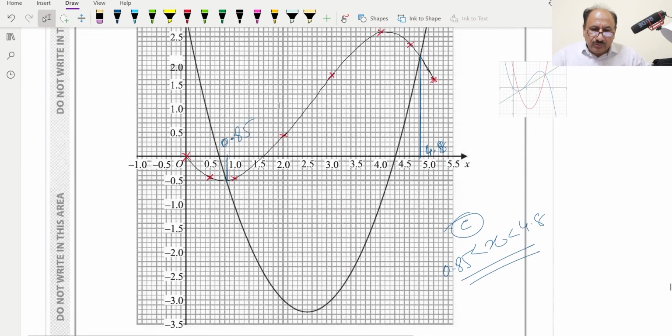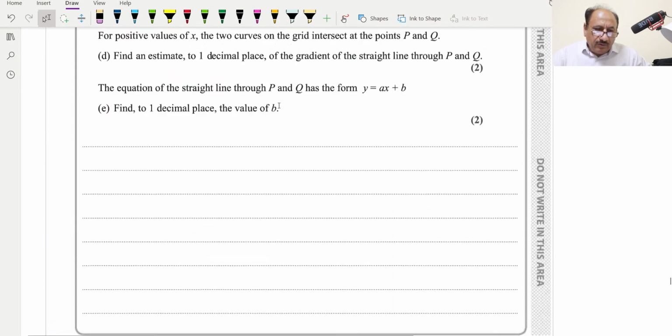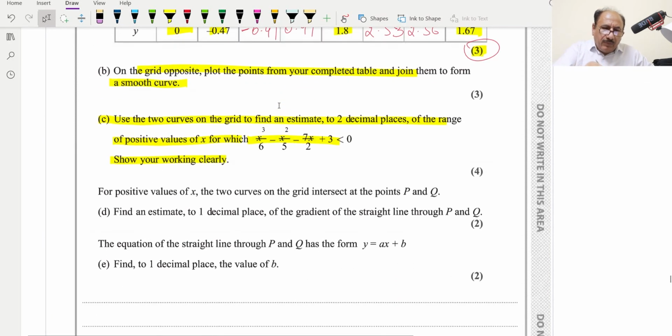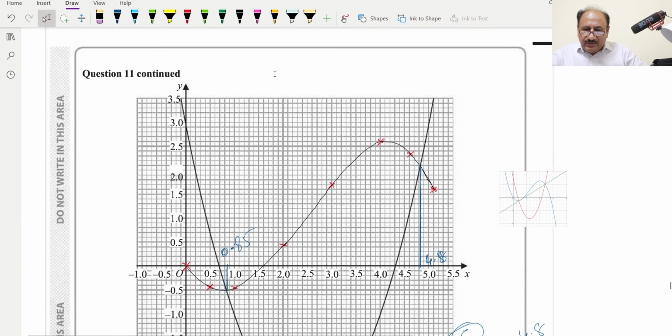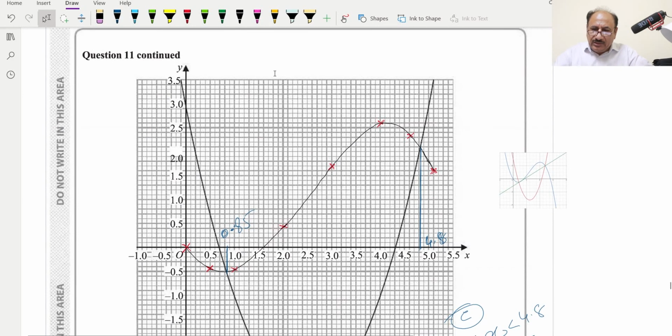Hopefully you understood this. Now for the next part: for positive values of x, the two curves on the grid intersect at points P and Q. Find an estimate to one decimal place of the gradient of the straight line through P and Q. So we can draw the straight line also.